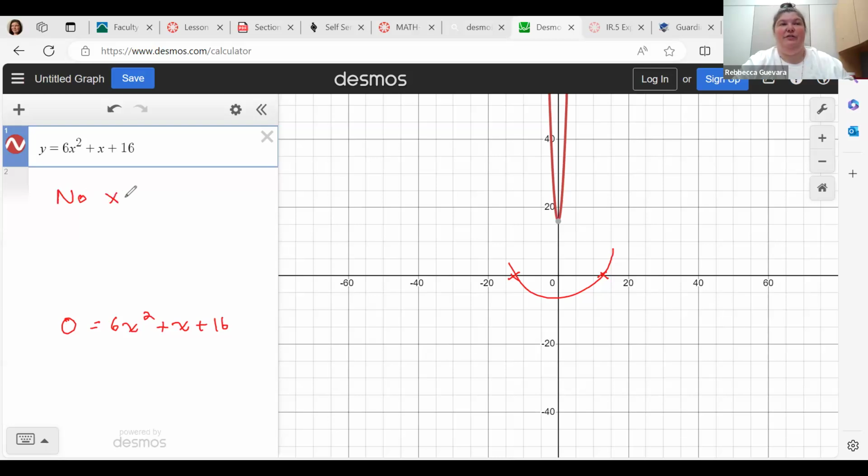We have no x-intercepts, which means that if I set this equal to 0, there are no solutions. So we have no solution in the real numbers. Like I said, it could have been that there were solutions we just can't find with factoring. It also could simply be that there are no solutions in the real numbers.